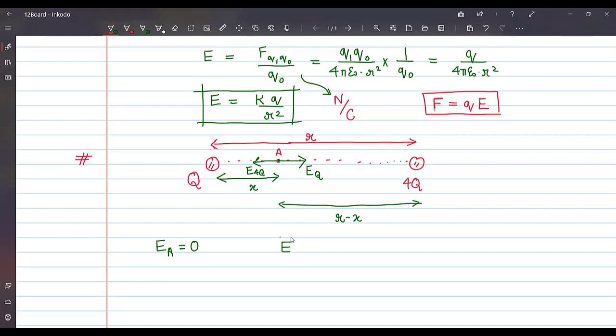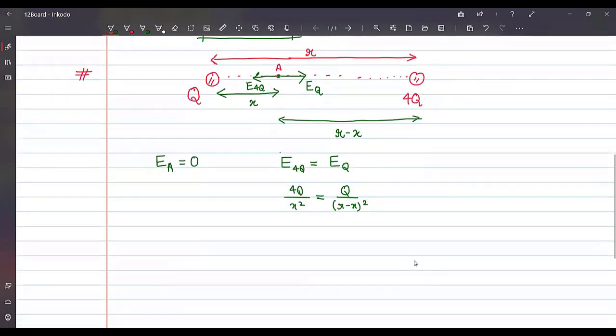And you know that electric field due to 4Q should have magnitude equal to electric field due to Q. So this will be 4Q upon x squared equals to Q upon (r minus x) squared. To solve this, send easy solution.